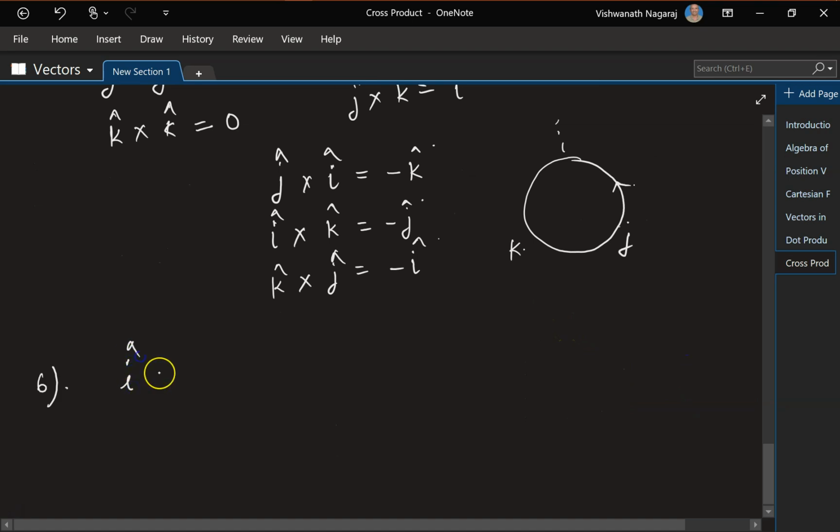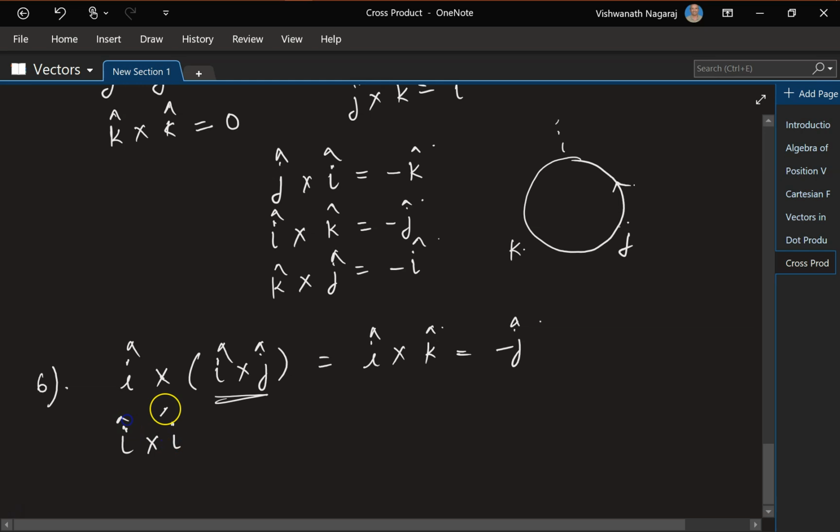Now, what about this? I cross J cross K. This would be I cross, first we have to take care of this. J cross K is I... I cross J is K. And K cross K is... Now, if we take in this order, I cross J, then cross J, I cross I is 0.